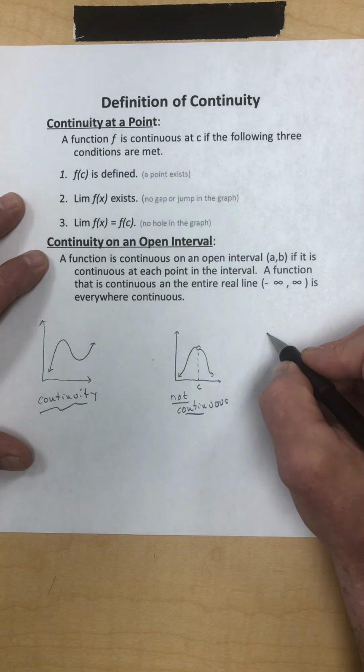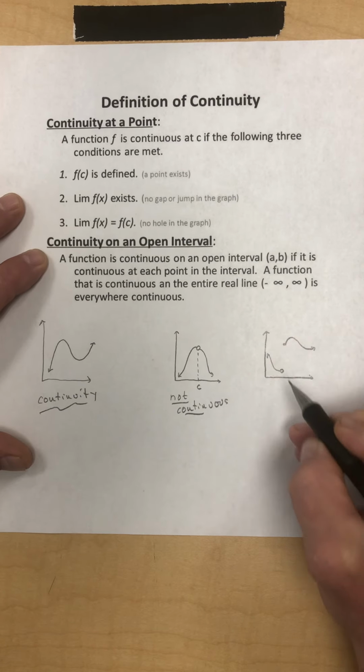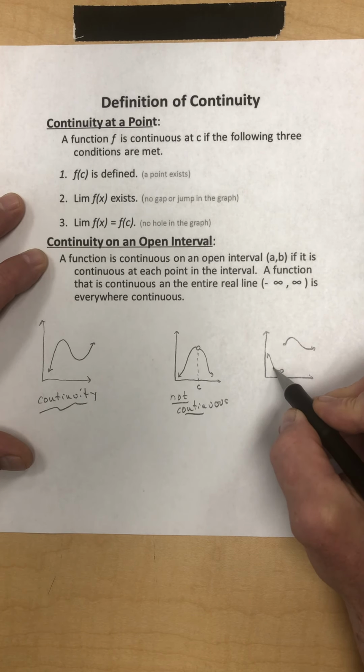The other problem we run into, which we've seen already, is what if I have a graph that jumps up, does something like this. Obviously you could trace right here without lifting up your pencil or pen, but once you get here, you have to lift it up and restart.